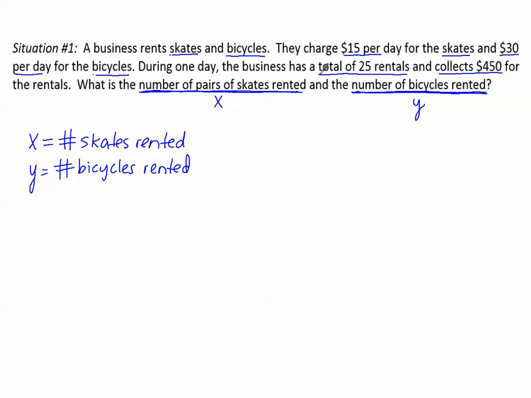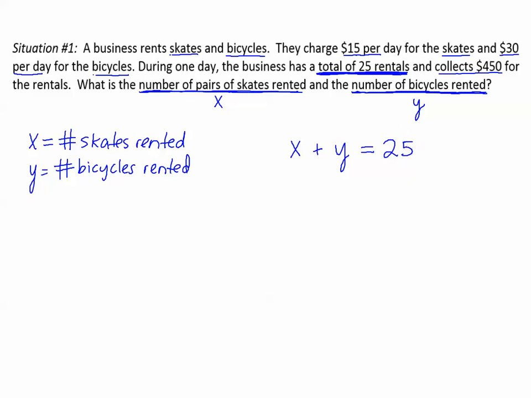And then we have information about the number of rentals. We don't have any other numbers that pertain to the number of rentals, but we know that X represents how many skates are rented and Y represents how many bicycles are rented. So the total rentals would be the number of skates plus the number of bicycles, and it equals 25. Remember that the biggest number will always go on the right side.